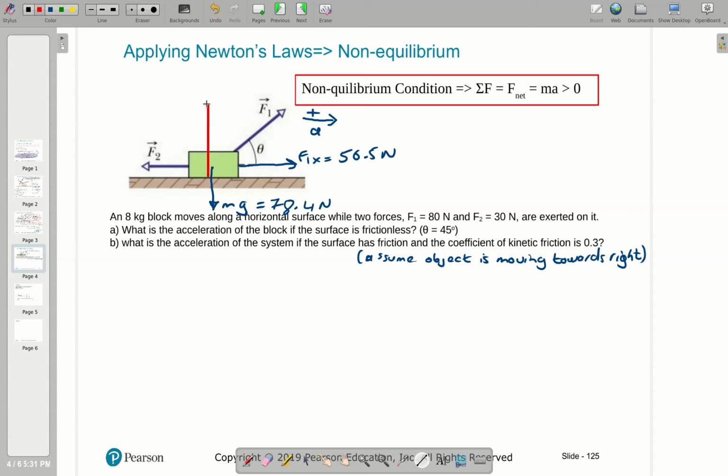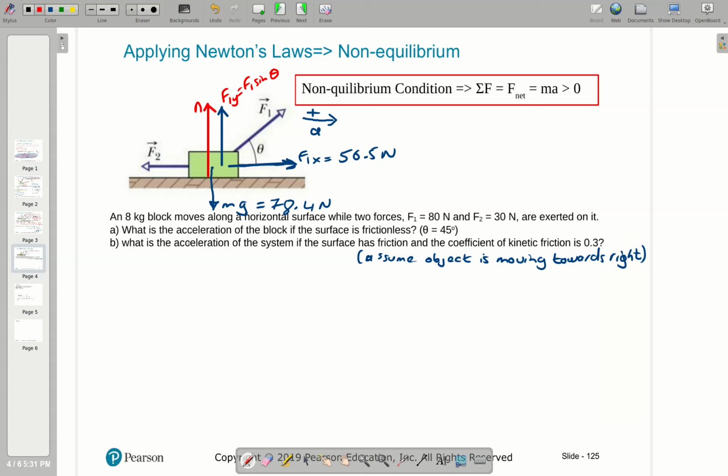I'm going to put N here. Notice I'm moving them around a little bit. That's always okay. And I'm going to put F1y here, and let's redraw F1x too. Again, imagine the XY system here. This is my normal, and this is my F1y. I know it's F1 sine theta.